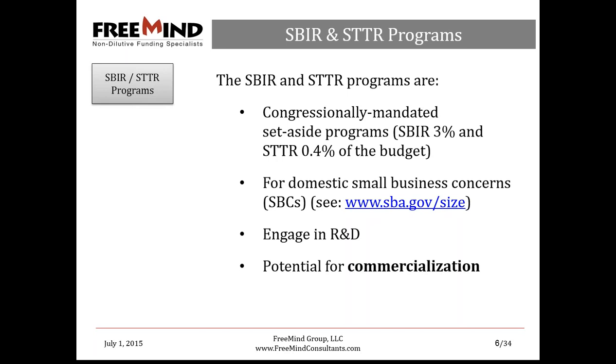SBC is a small business concern. It's meant to help you engage in R&D activities and to advance your potential for commercialization. That's an interesting point, and in many ways, SBIRs differ from many other sources of non-dilutive funding in the fact that they could potentially support commercialization, which is something many other grants and contracts do not like supporting.